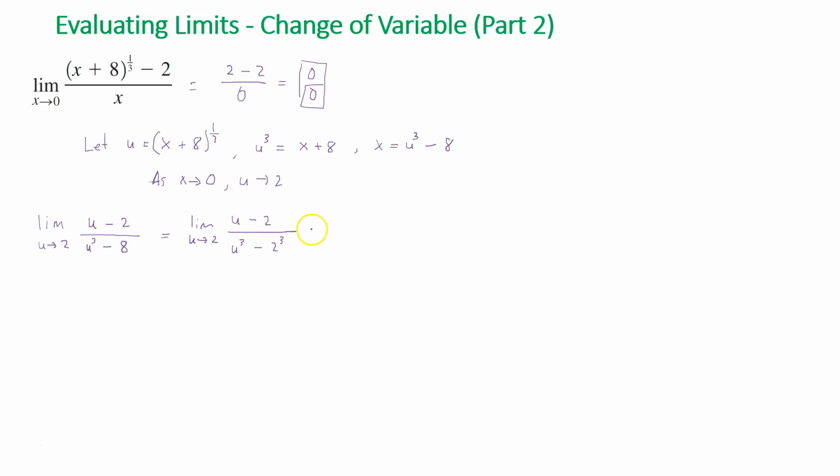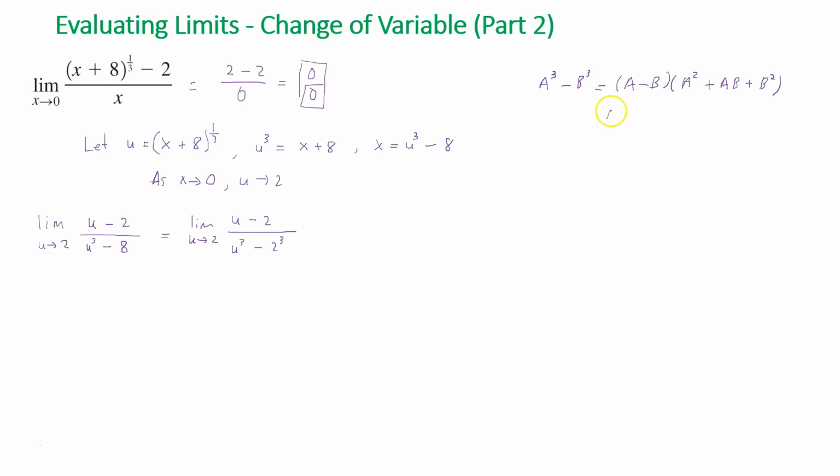In the previous video, I showed you the formula for factoring a difference of cubes. I'm just going to write it here as well, as a reminder. So a cubed minus b cubed is equal to (a minus b) times (a squared plus ab plus b squared).